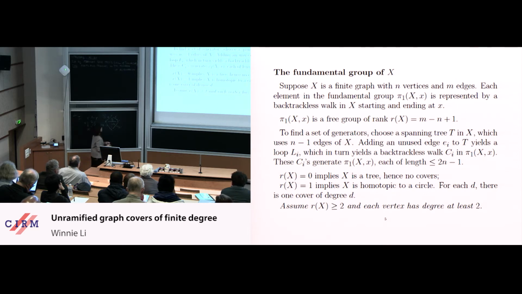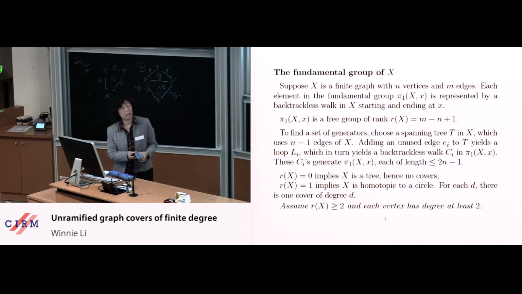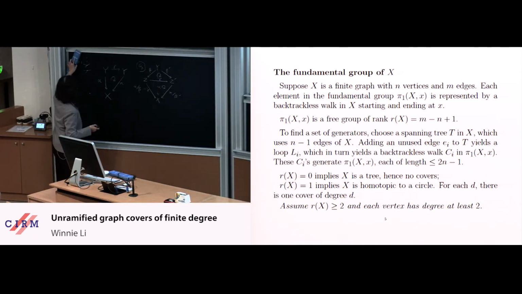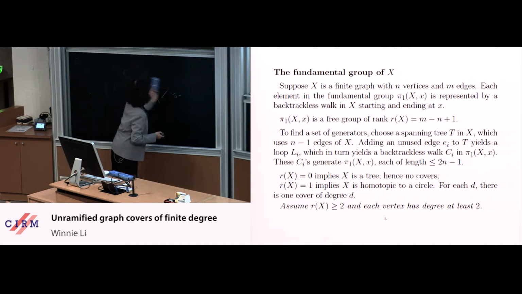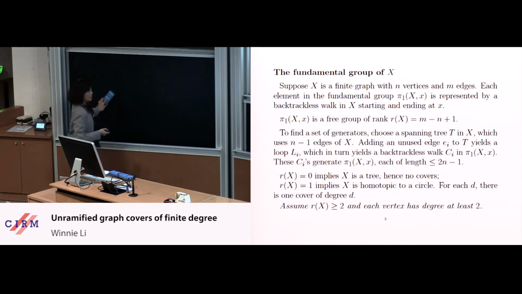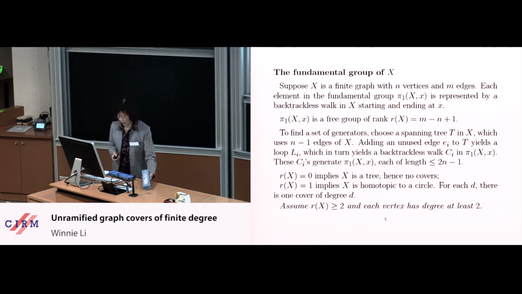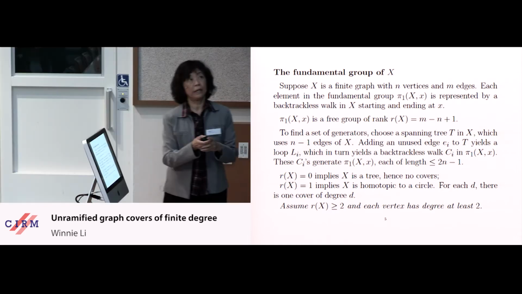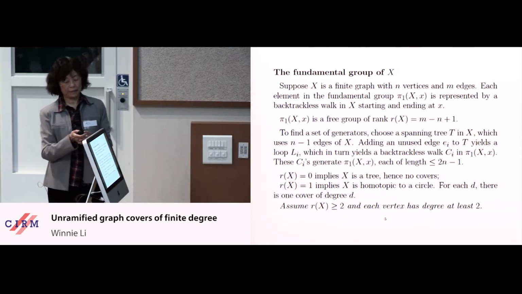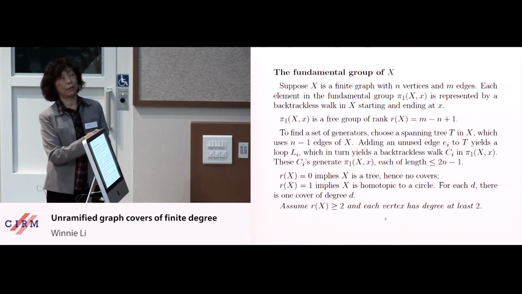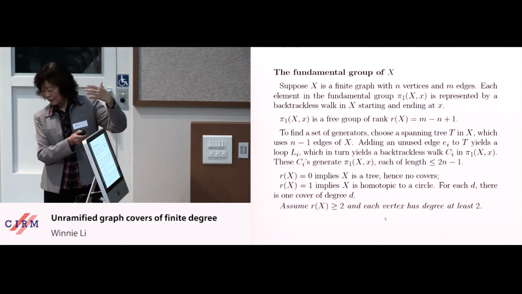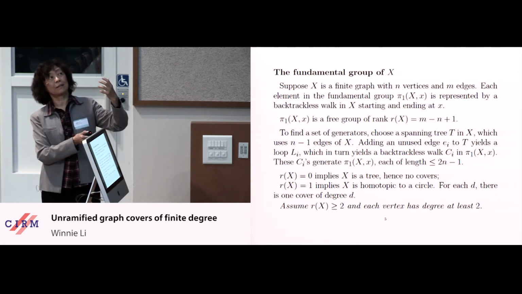Let's start with X, which is a finite graph, say with n vertices and m edges. In this case the fundamental group is a free group with rank equal to m minus n plus 1. Recall that each element of the fundamental group is a homotopy class of paths starting and ending at x.